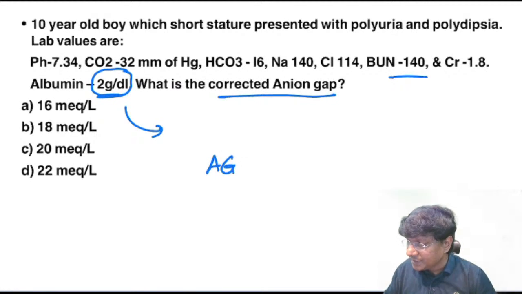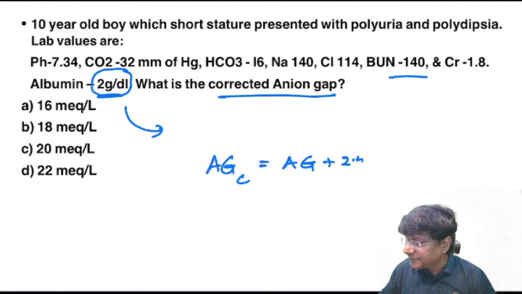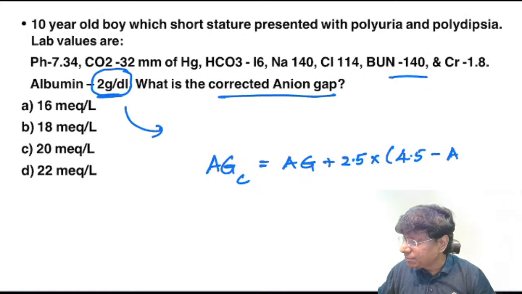Anion gap corrected is equal to the anion gap of the patient plus, this is the formula that you have to know, 2.5 multiplied by 4.5 minus the actual albumin levels.